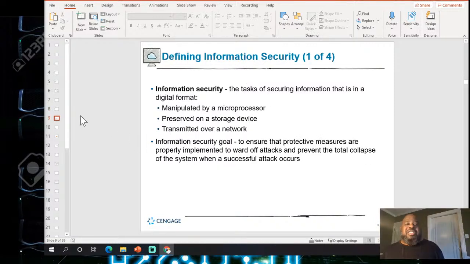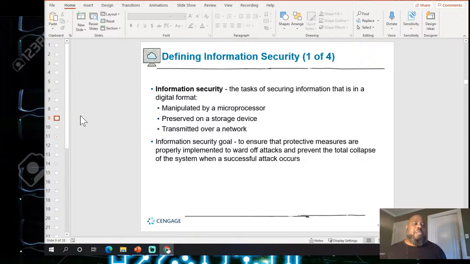Information security is the task of securing information that's in a digital format, manipulated by a microprocessor, preserved on a storage device, and transmitted over a network. Information security goes to ensure the protective measures are properly implemented to ward off an attack and prevent the total collapse of a system when a successful attack occurs.